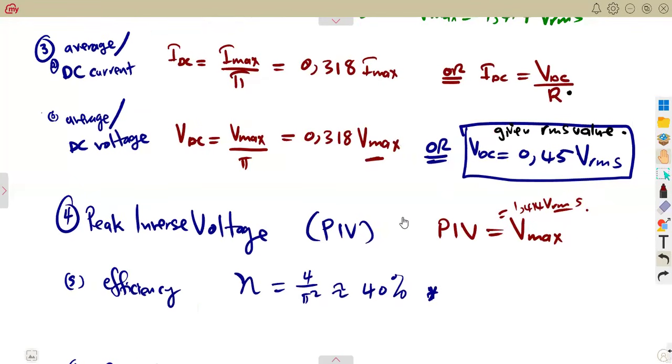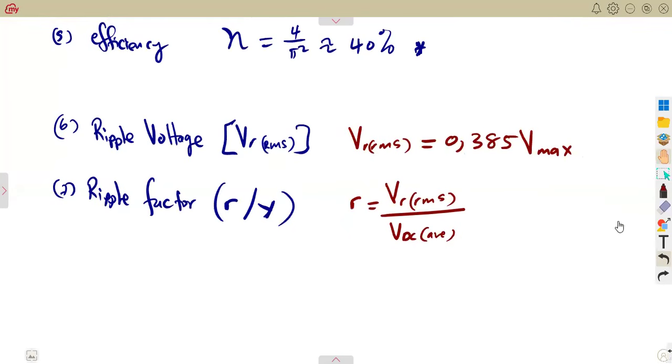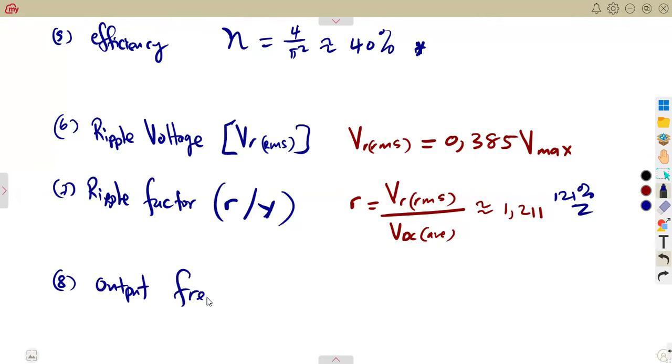That ratio is going to give us the ripple factor. In our calculations, you'll see this approximates to something like 1.211, which can also be given as a percentage, 121%, for a half wave. You see that as we are doing some calculations. Then also, they'll need you to calculate the output frequency.